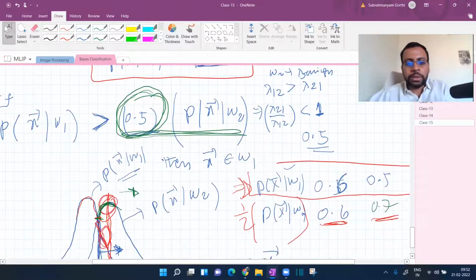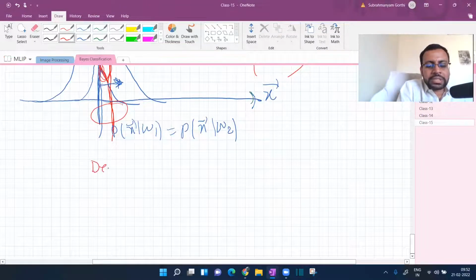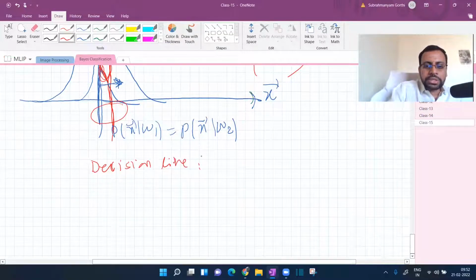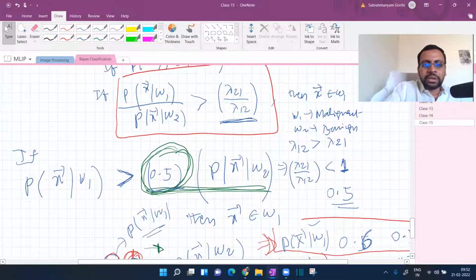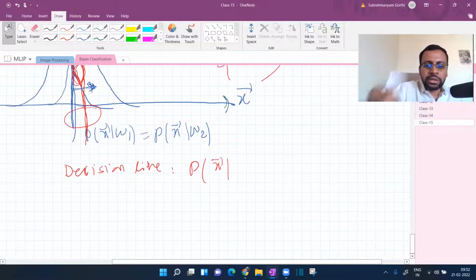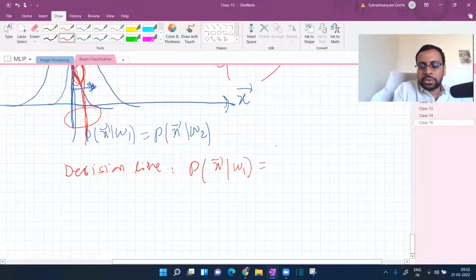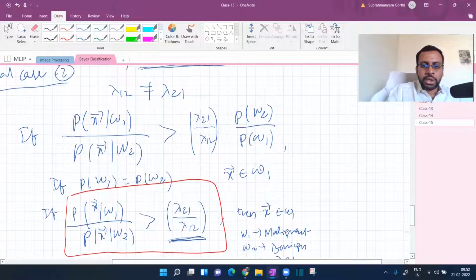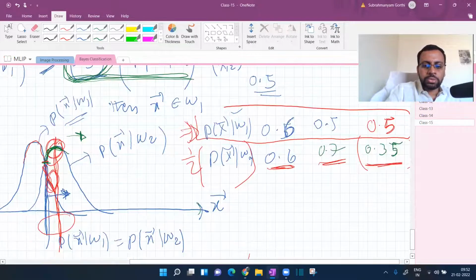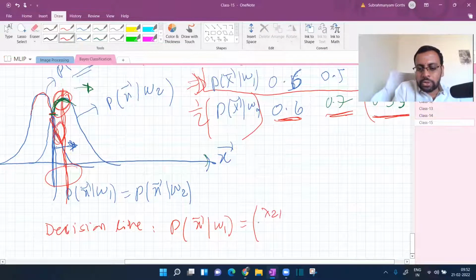So if you want me to keep it more decision line wise, my decision line now, if you see it, is when the probability of x bar given omega 1, look at this equation, is equal to a multiplication factor of lambda 21 by lambda 12 into probability of x bar given omega 2.